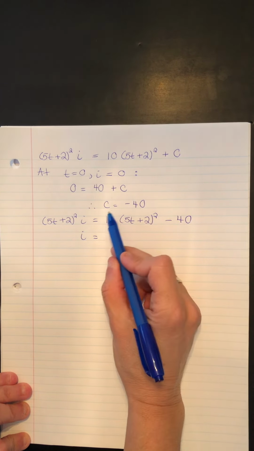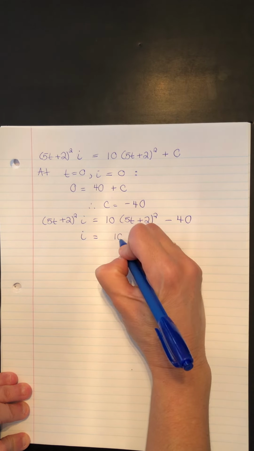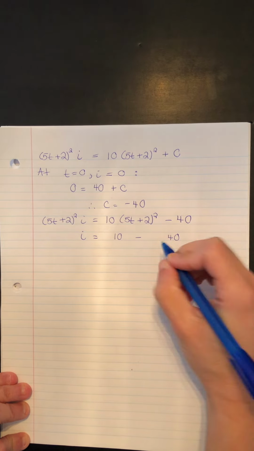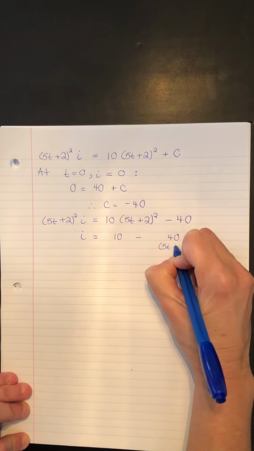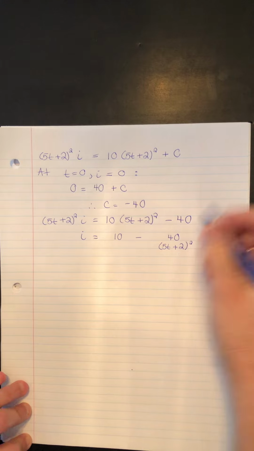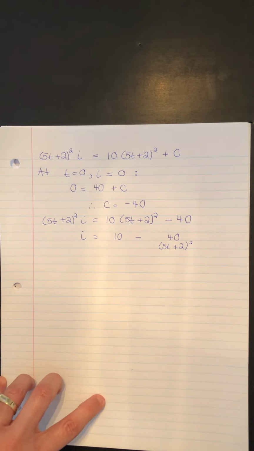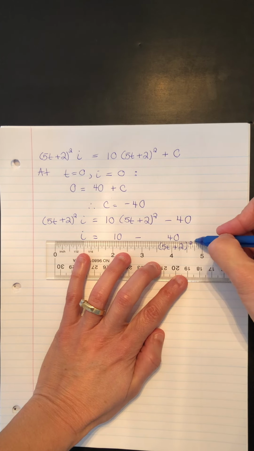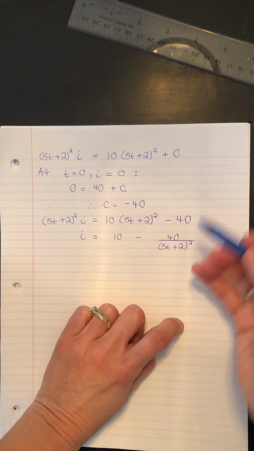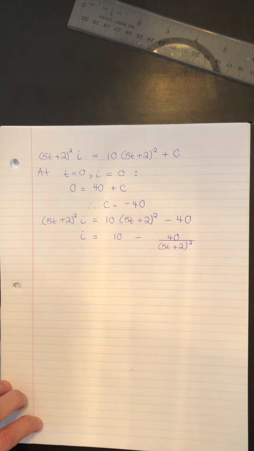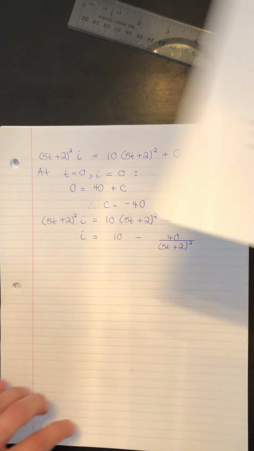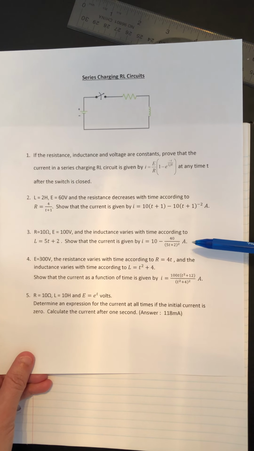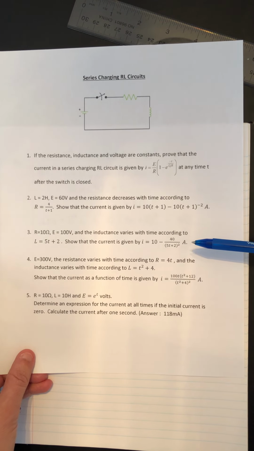So the first term would just be 10, and in the second term we would have 40 over (5t plus 2) all squared, which would be the same as 40 times (5t plus 2) to the exponent of negative 2. However, I'm going to leave it just like this, since that's exactly what we were supposed to derive for problem 3.